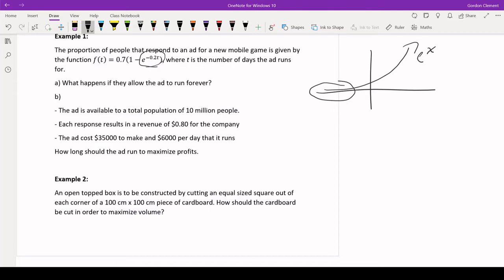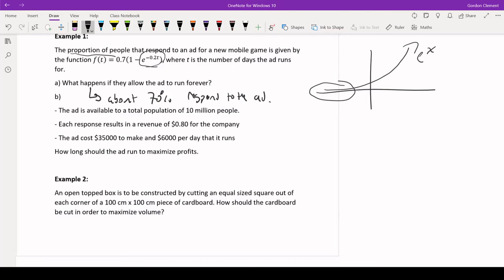So this part of the function, when t is really big, is going to be basically 0, which means we're going to basically have 0.7 times just 1, so 0.7. Since the function is the proportion of people that respond to the ad, it's showing the max amount of people that would ever respond. So if they run it forever, about 70%, that's the 0.7, respond to the ad.